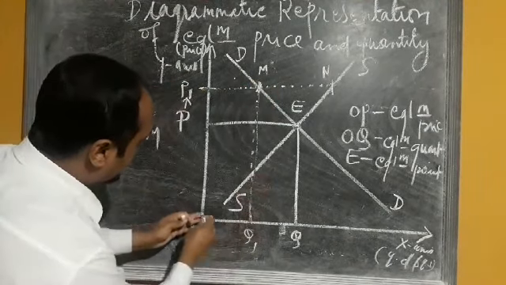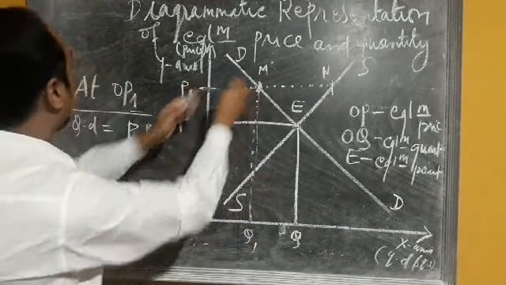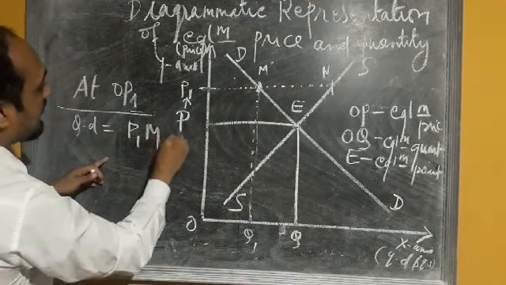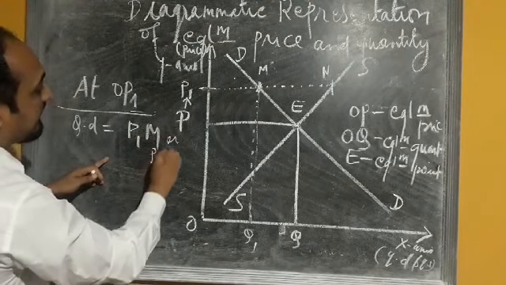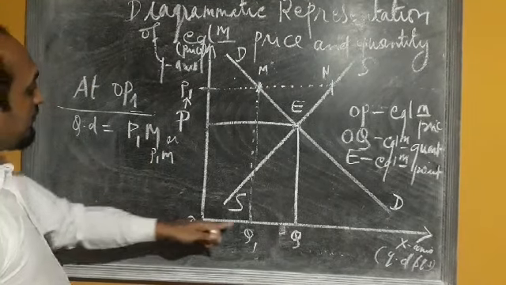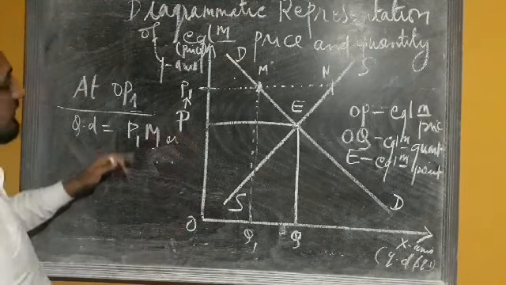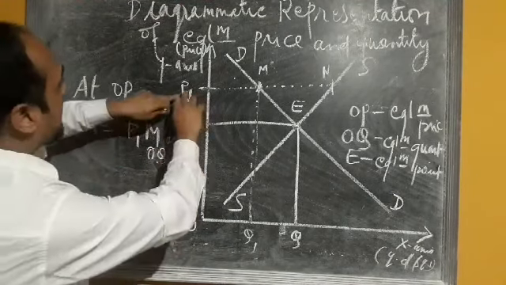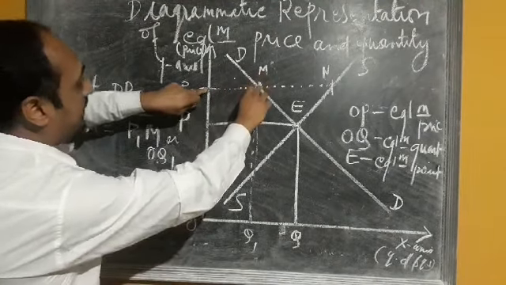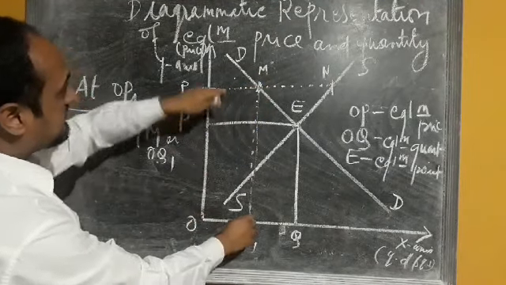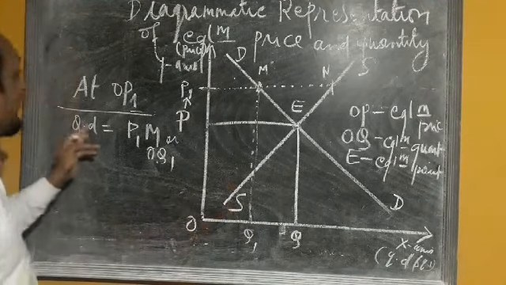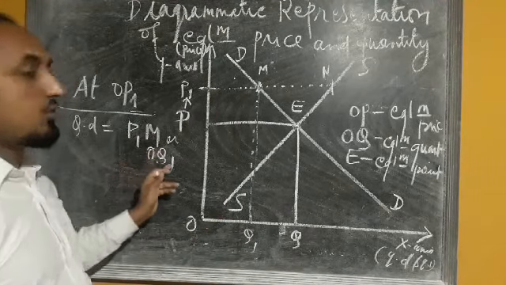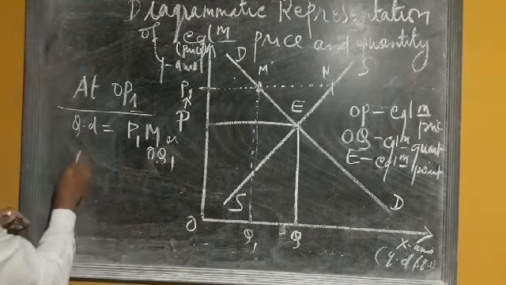So you can consider either OQ1 or P1M. These two are the same. So quantity demand is P1M or OQ1.